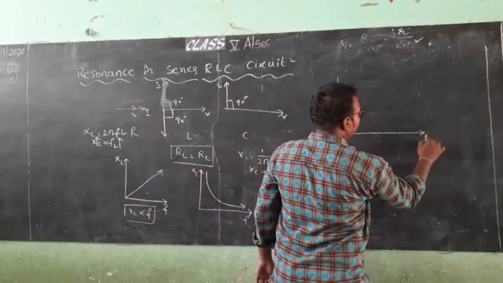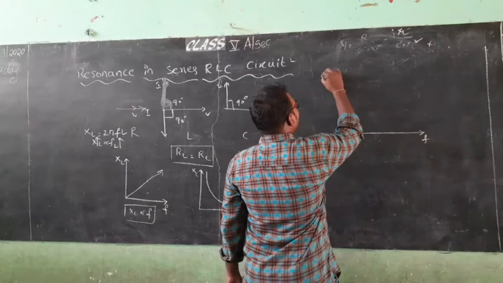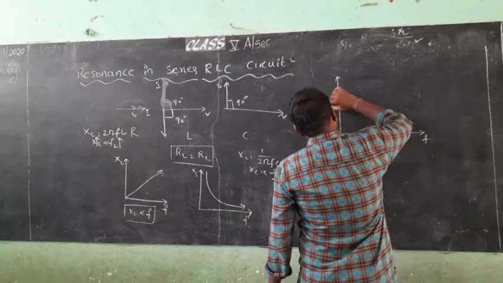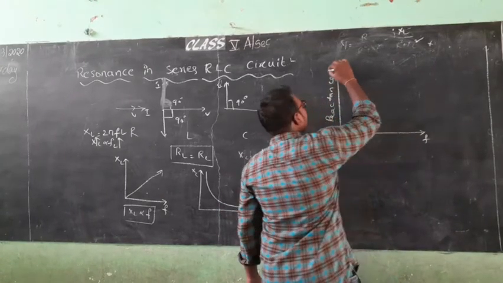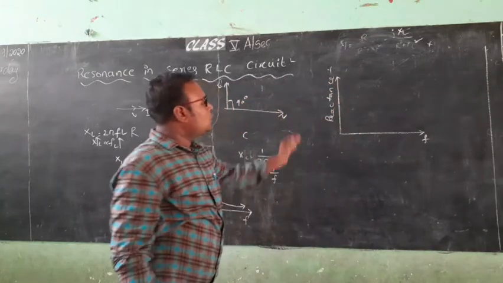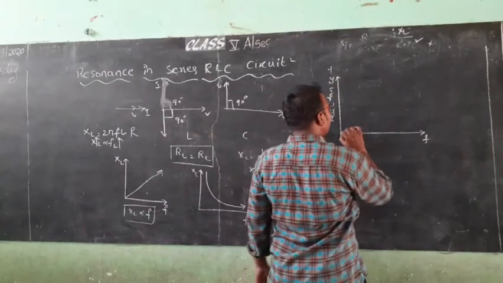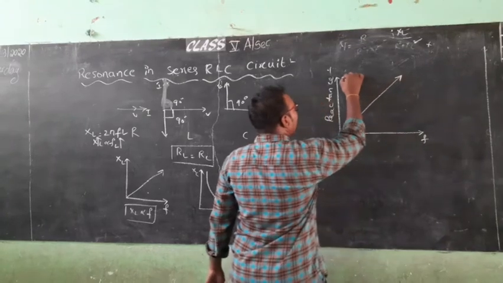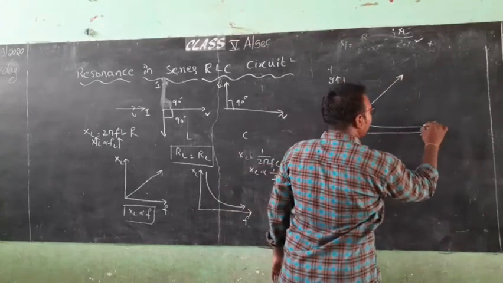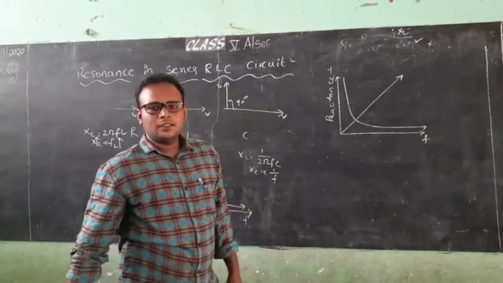Let us take the frequency on the x-axis and reactance on the y-axis. For the inductive circuit it should be like this, and for the capacitive circuit, like this.